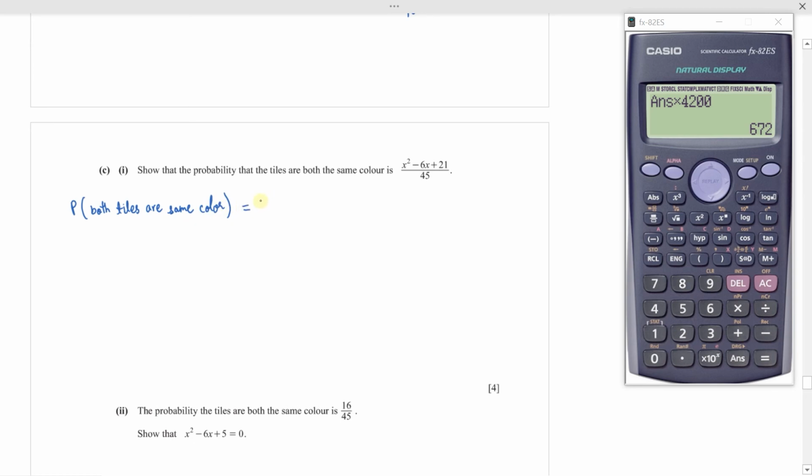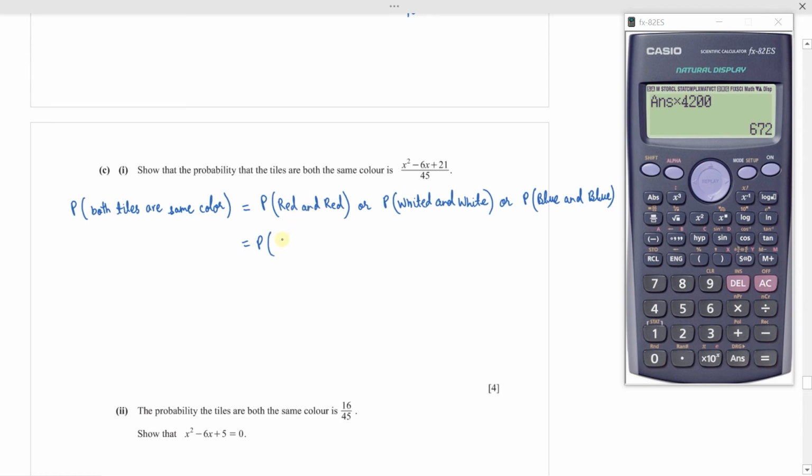That means you need to find the probability that the first one is red and the second one is red, or the probability that you get white the first time and white the second time as well, or the third case, the probability that you get blue the first time and blue the second time as well. So "or" means you will add those.